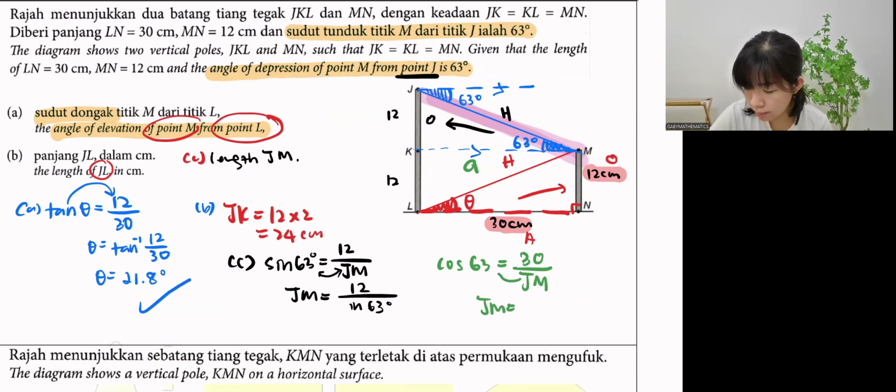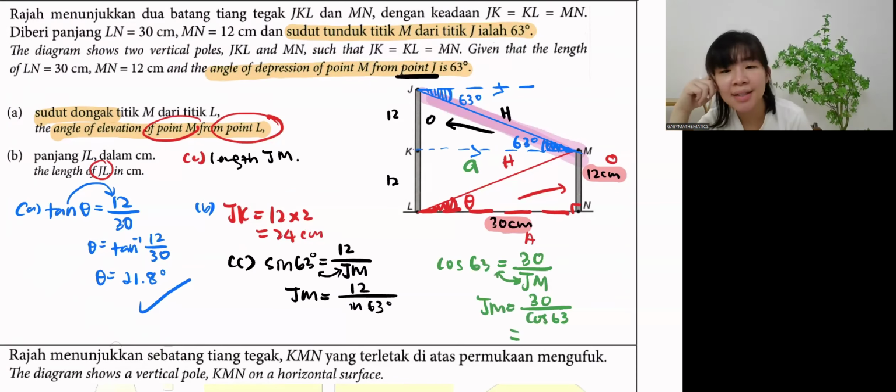JM equal, this one bring it up, this one go down, 30 over cos 63. Okay. You get another answer.